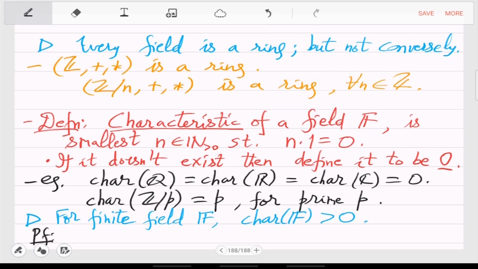So, since there are not infinitely many elements, what will happen is that after a point, say suppose this n doesn't exist.